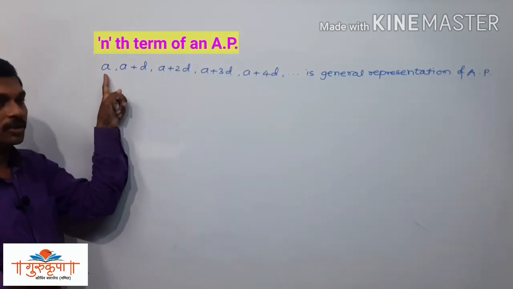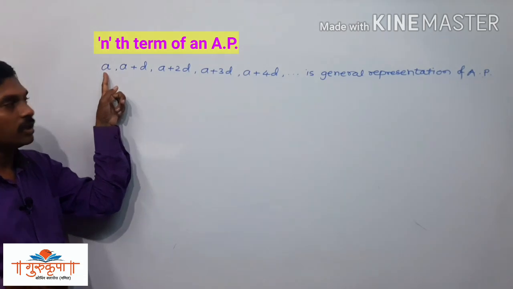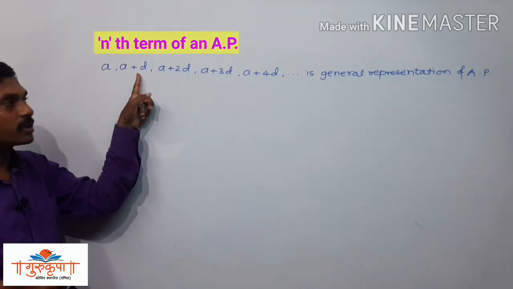Here this is the first term represented by a, this is the second term, that is a plus d.